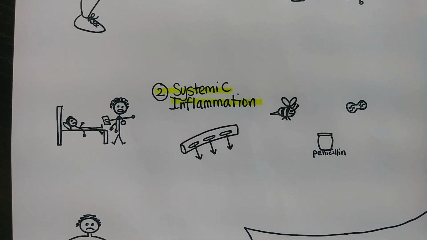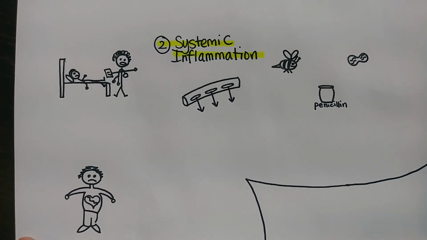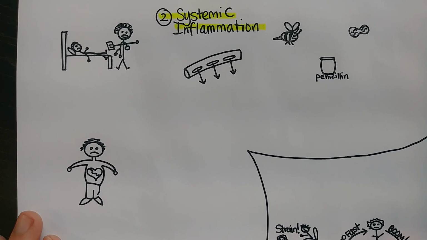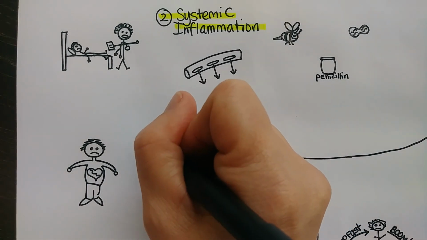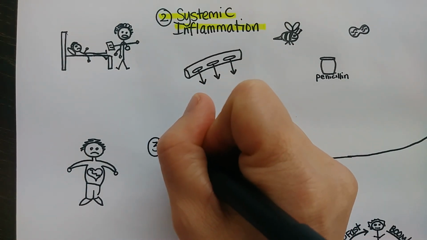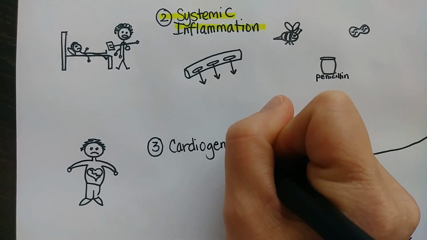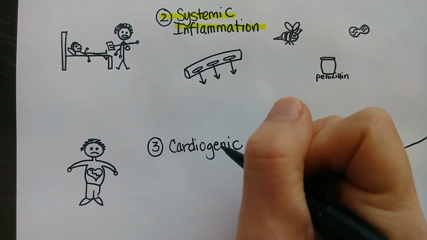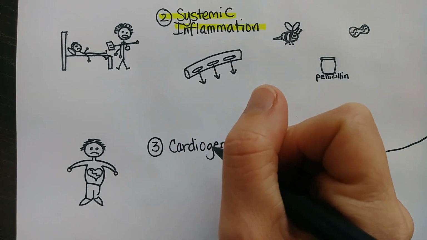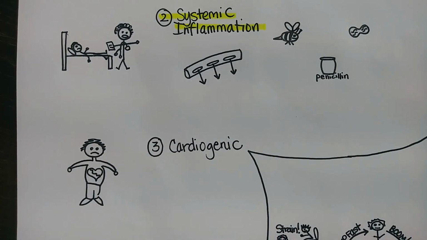And then a third reason that someone could have a rapid drop in blood pressure, potentially leading to organ failure, could be a heart attack or damage to the heart muscle itself. So that we call this cardiogenic. And this would be due to heart muscle damage.